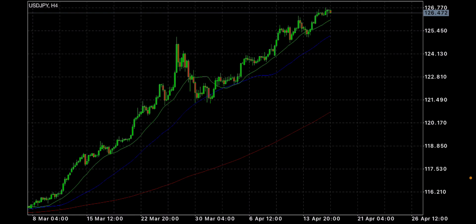But we are starting to see a lot of traction pick up with the Japanese yen, especially against other major currencies such as the AUD and the NZD. So we're going to keep having to pay attention to see how this is going to go.